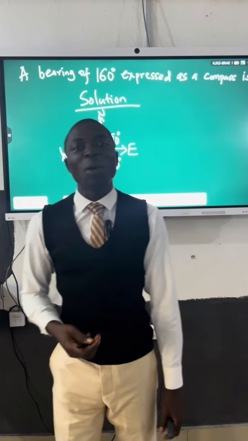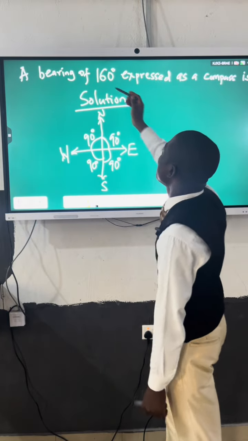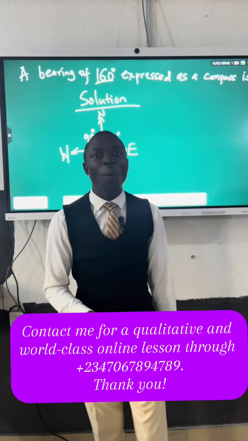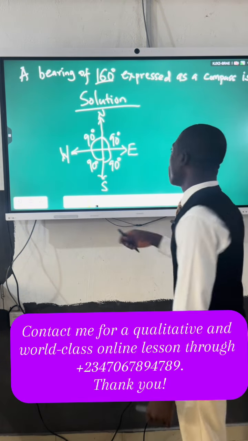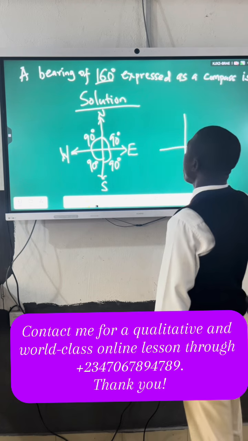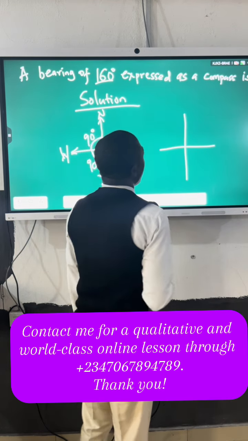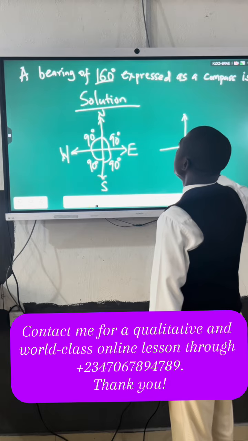When you are given a question on three-figure bearing, three-figure means that it has 3 digits. Look at it: 160, and then you have the degree symbol. When you want to turn it to a compass bearing, see what you do. Draw another line here, and then indicate the same thing.